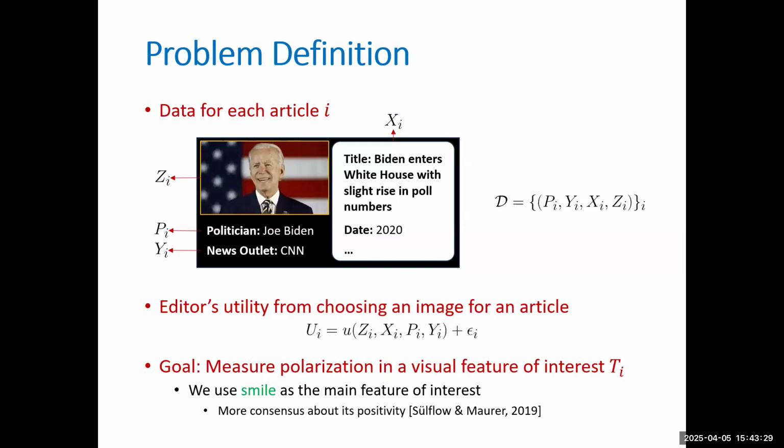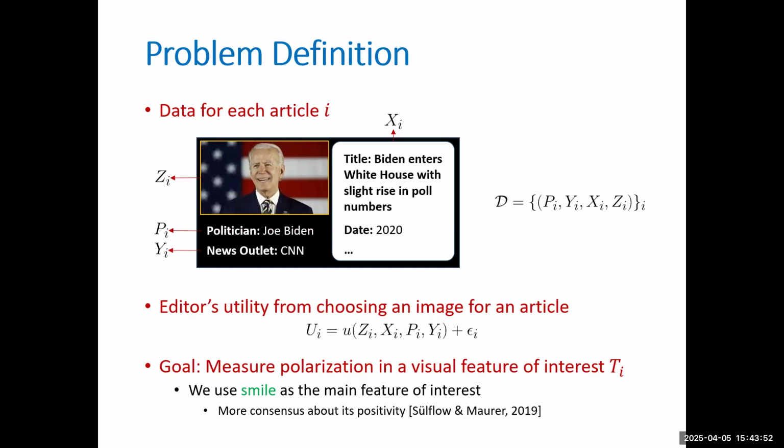And our goal here is to measure polarization in a visual feature of interest, T_i. So this is the first step. Like I said, there's an unstructured high-dimensional input. You want to map it into a unidimensional thing. That's that unidimensional part. So the one feature, and in this particular case, we're going to focus on smile as the main feature of interest.